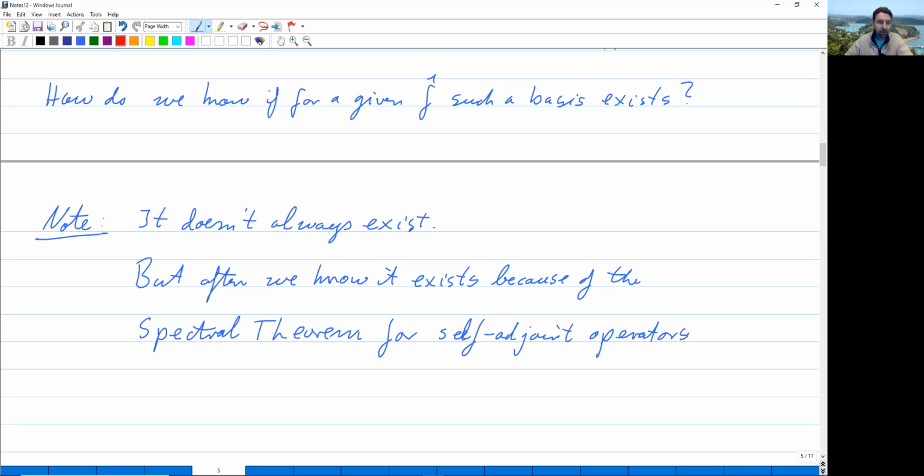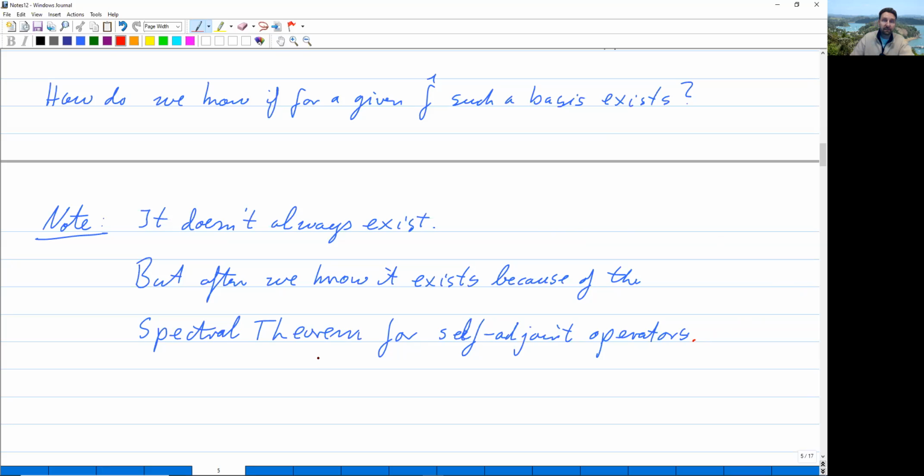For example, the uncertainty principles and limitations to the ability to know things in nature ultimately trace back to this question: when does the spectral theorem apply? And when it does apply, what does it mean?